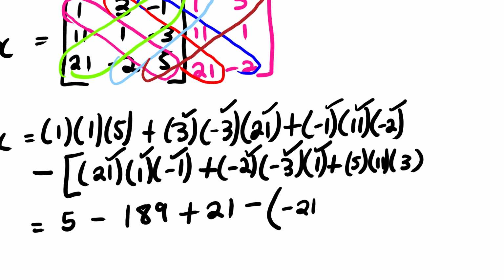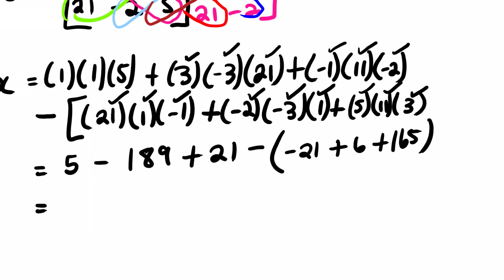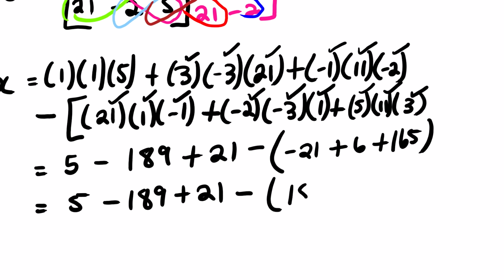Negative 2 multiplied by negative 3 multiplied by 1, our answer will give us positive 6. 5 multiplied by 11 multiplied by 3, it's positive 165. 189 plus 21, and then minus, inside the bracket we are going to have negative 21 plus 6 plus 165. It will give us 150.